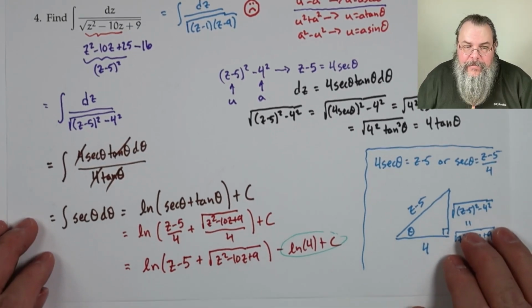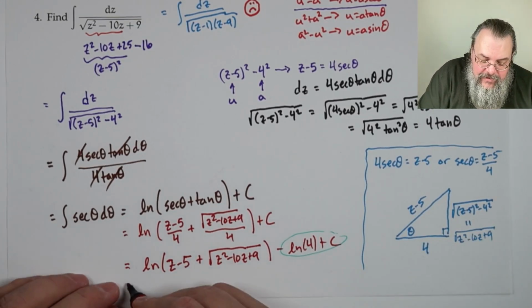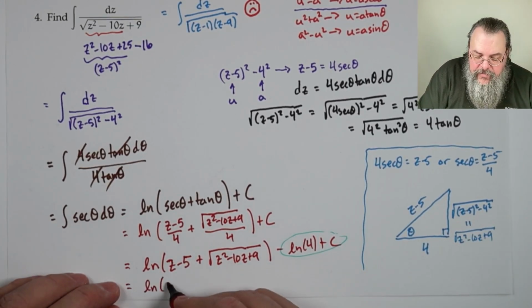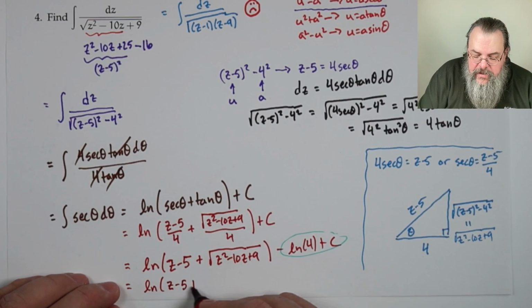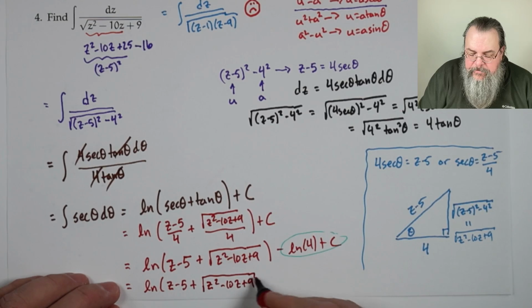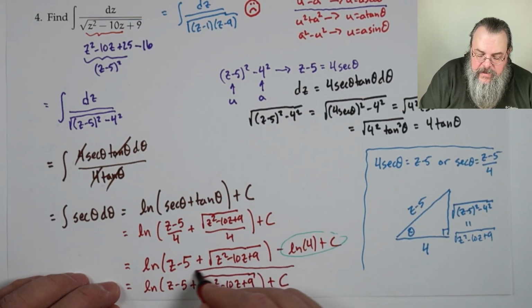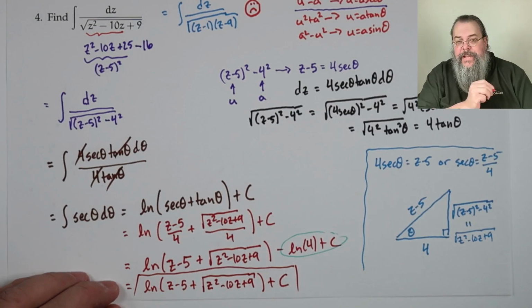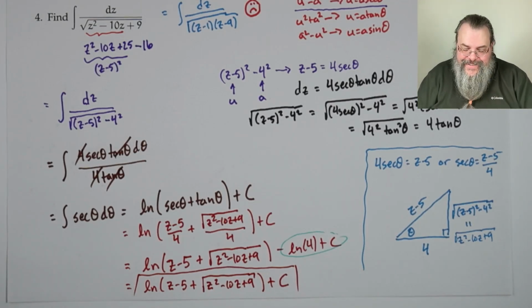My final way I'm going to write this is log of z minus 5 plus the square root of z squared minus 10z plus 9 plus c. And there we go. That's my final answer. As I said, this would get you full points.